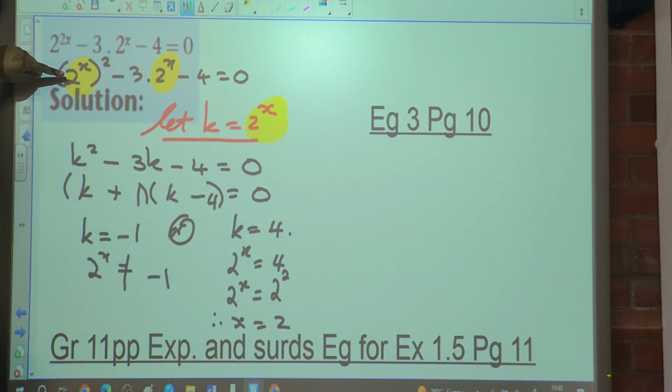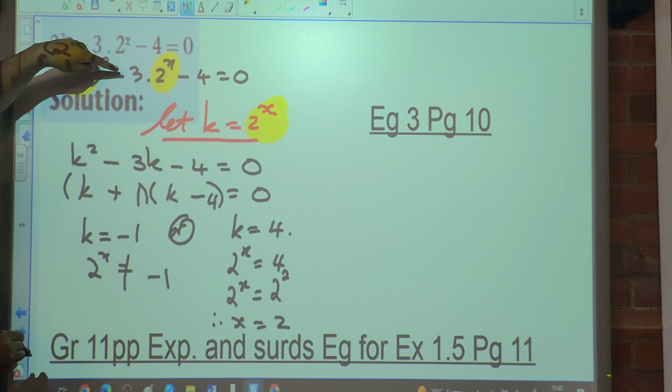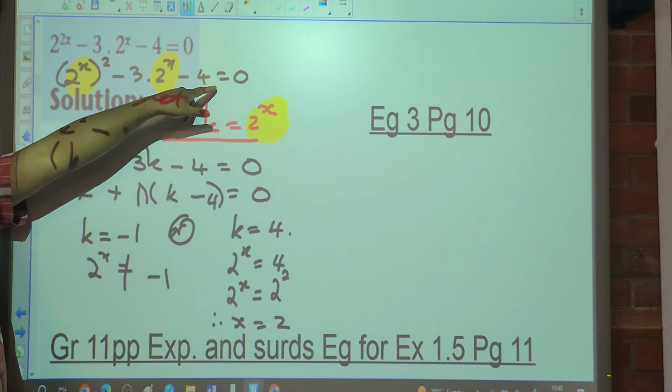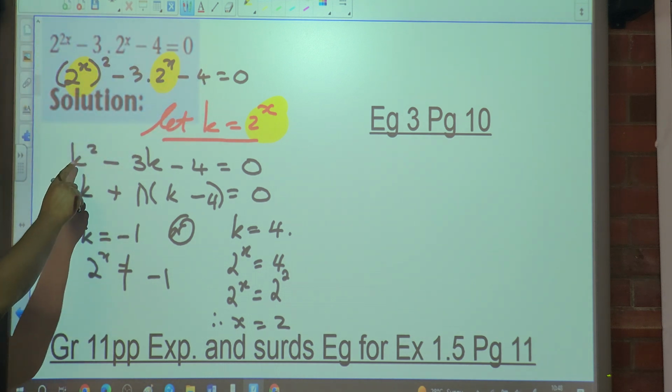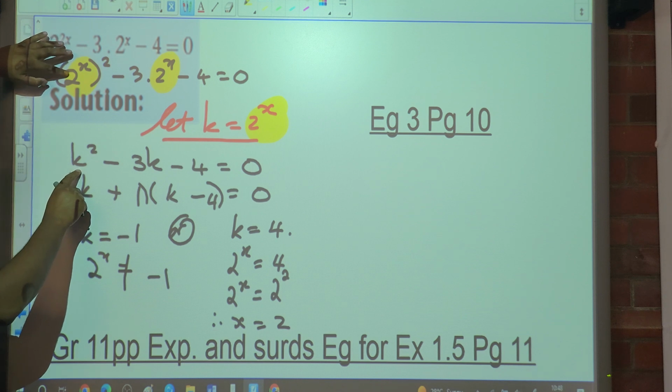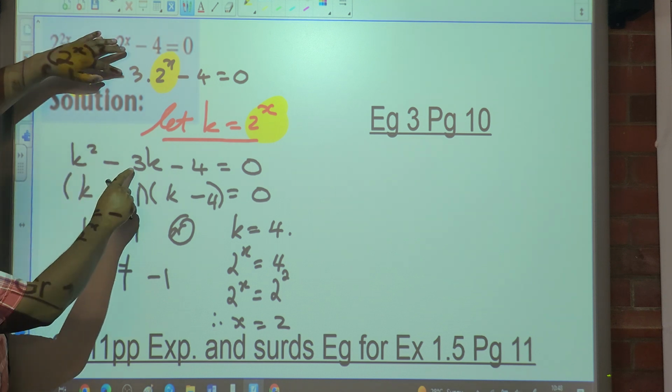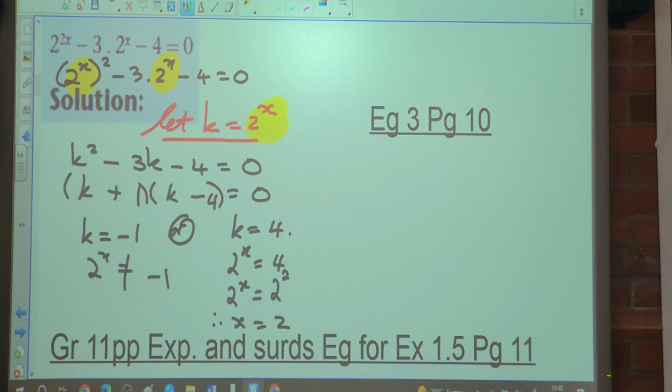So this simply reads k squared minus 3k minus 4. Can you see that? k squared, k is now 2 to the x. k squared minus 3k minus 4 is equal to 0. You understand? Any other confusion? No?